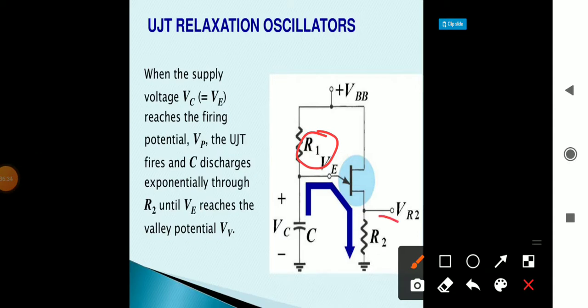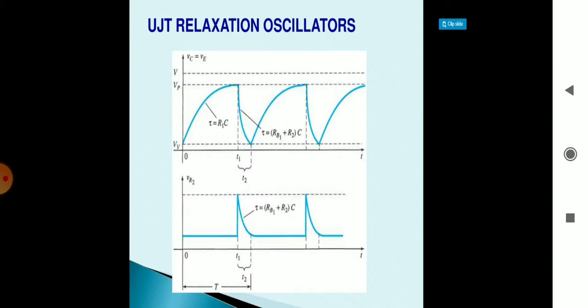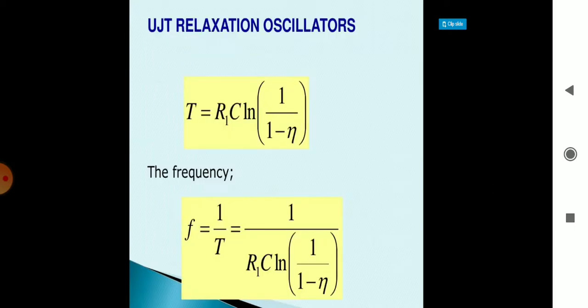If I vary the value of R2, then the discharging time will vary. If charging and discharging vary, the pulses which are produced, that on period of the UJT, will also vary. So if the on period varies, I can vary the turn on as well as turn off time of the SCR. This is how we can use our UJT to turn on our SCR.